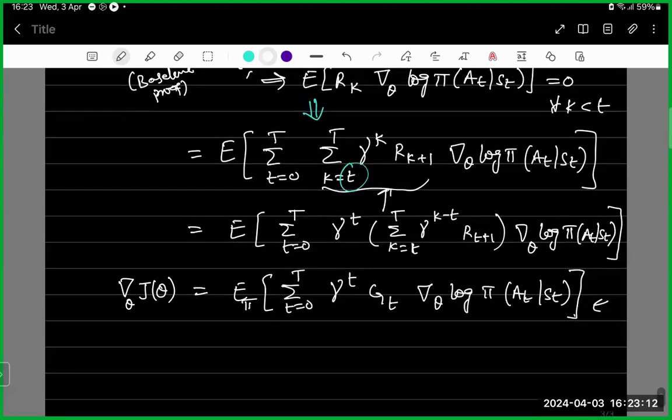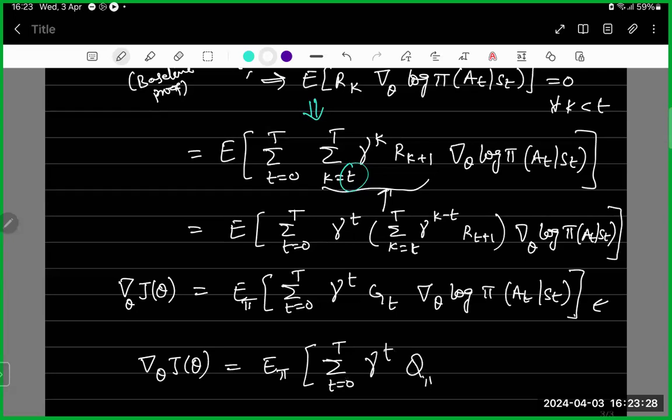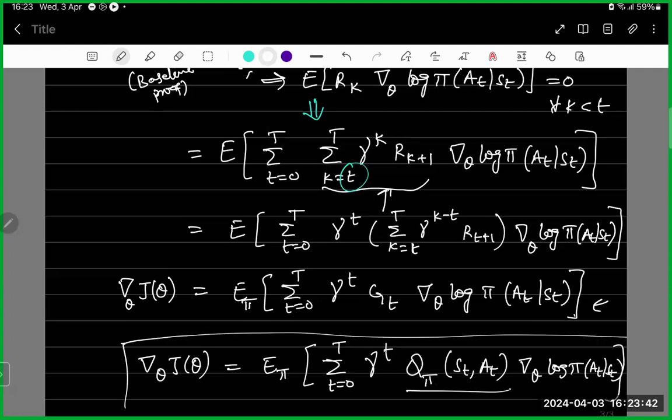Okay. So the more general version, there is a theorem called the policy gradient theorem, which essentially tells you this thing, like the policy gradient is equal to, so instead of G_t, you can even derive the following. Okay. So generally this is a more popular expression which is derived.